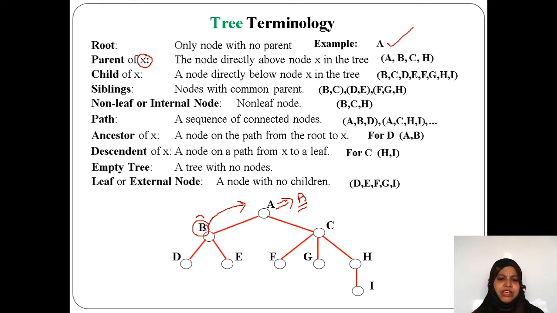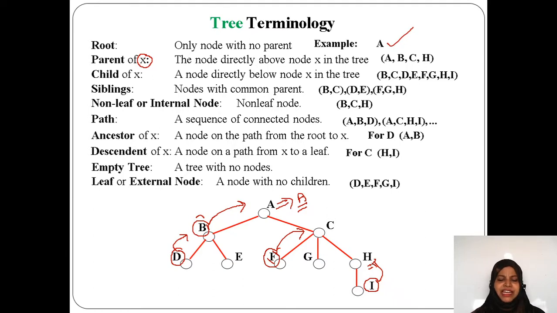For this D node, who is the parent? Directly above the node, B is the parent. For this F node, who is the parent? C is the parent, right? For this H node, who is the parent? A is the parent. For this I node, who is the parent? H is the parent. The node directly above that particular node is the parent node of that particular node.